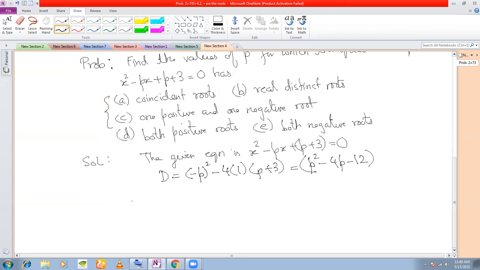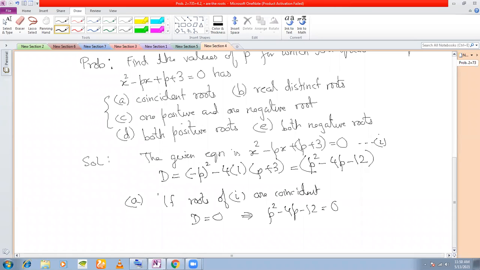Okay, so now we come to the first question. Coincident roots means equal roots. Whether you call it equal roots or coincident roots, it's the same thing. So let us call this equation 1. If roots of 1 are coincident, D must vanish. That means p square minus 4p minus 12 is equal to 0.